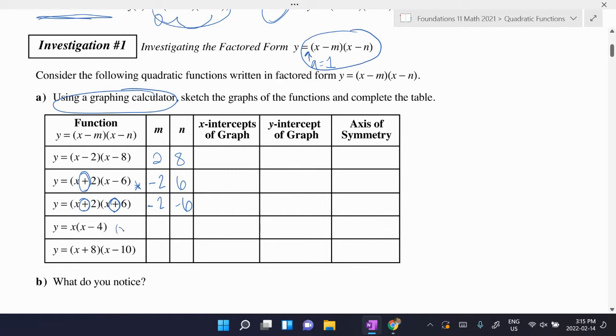It's the same as x minus 0. That's equal to x. So that means that your m is 0 and your n is 4. In this case, positive 8 means that m is negative 8, and minus 10 means that n is 10. Okay, so go ahead, pause me, put this into your graphing calculator.